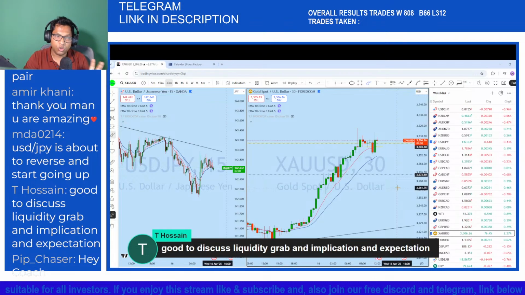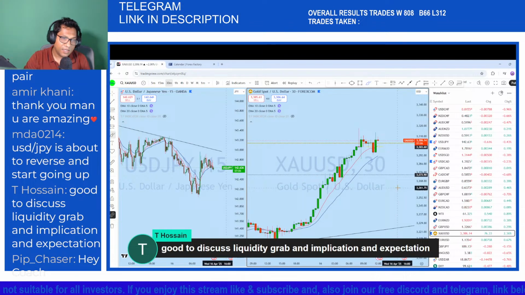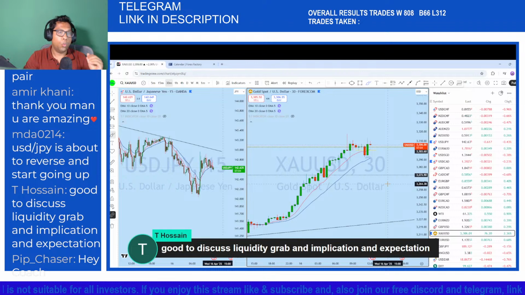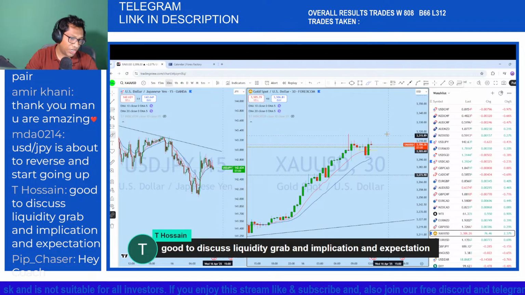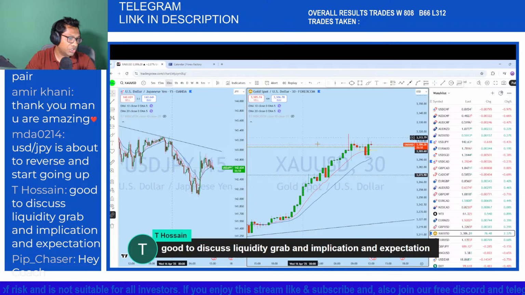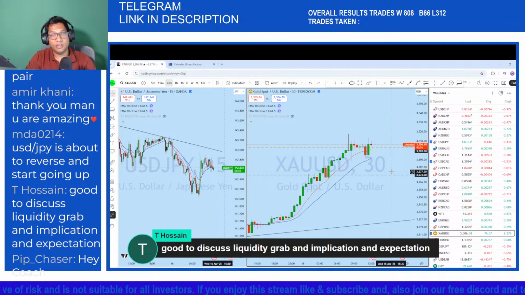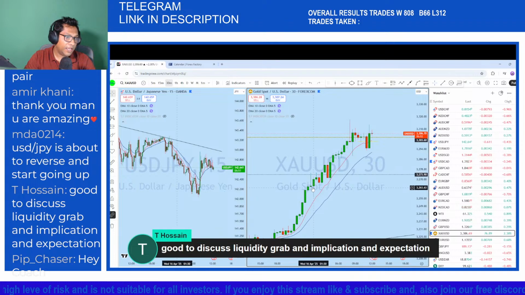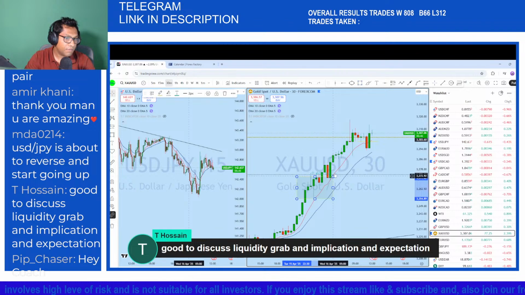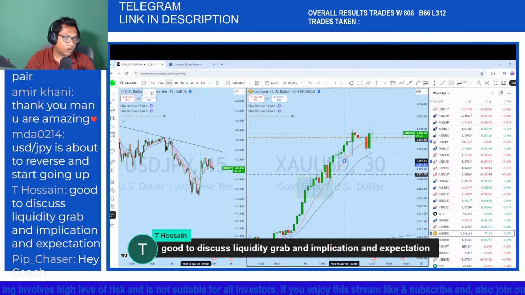So what we need to do is to understand when the smart money is coming into the market, when they are trading in the direction of the liquidity, that's what we are looking at, right? Now if you look here, you can see that this is the liquidity grab, and that's what the liquidity grab is, right?